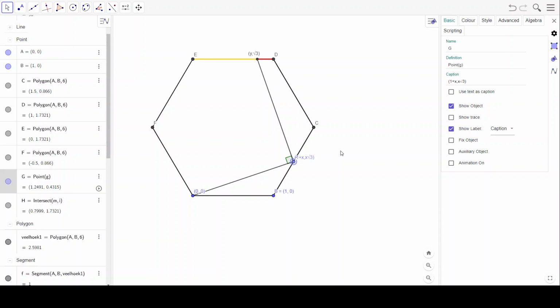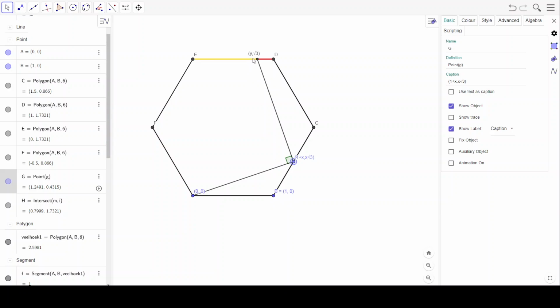I will use Cartesian coordinates to solve this puzzle, and I've already filled in some coordinates. This vertex here I will call the origin, so 0, 0. I take the length of the sides of the regular hexagon to be 1, so this vertex here is at 1, 0.